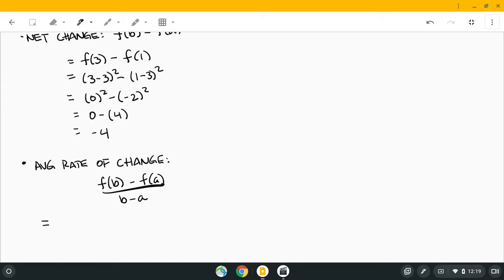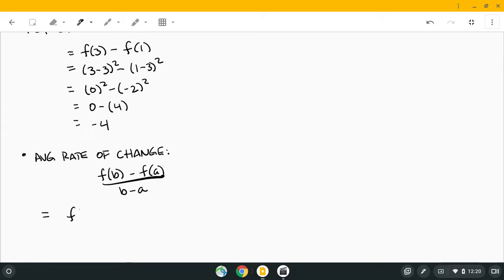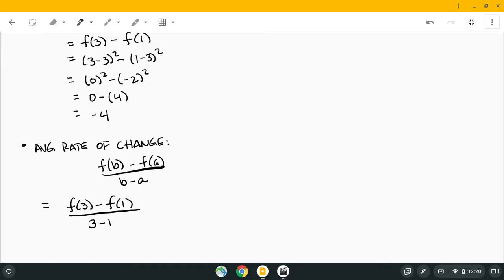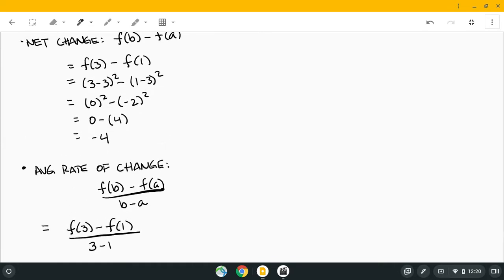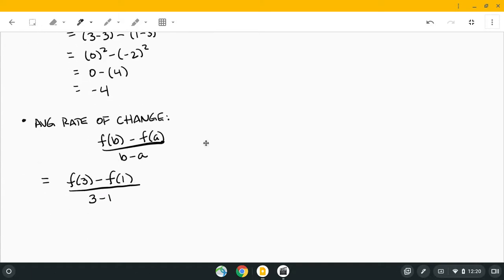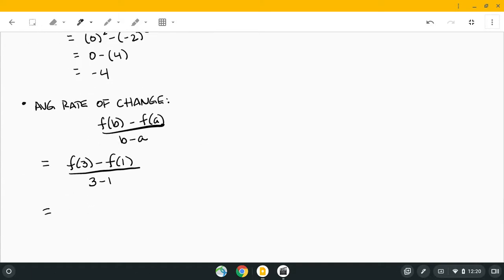So that is f of 3 minus f of 1 over 3 minus 1. F of 3 minus f of 1, we already worked that out. It's -4. So I'm just going to go ahead and write -4 up here. And then 3 minus 1 is 2. And so we get -2.